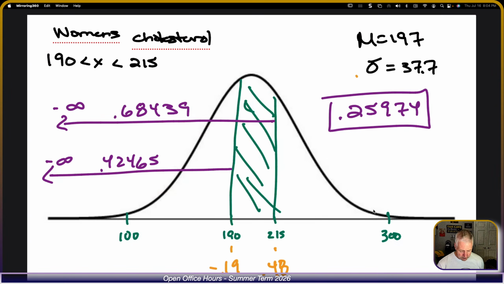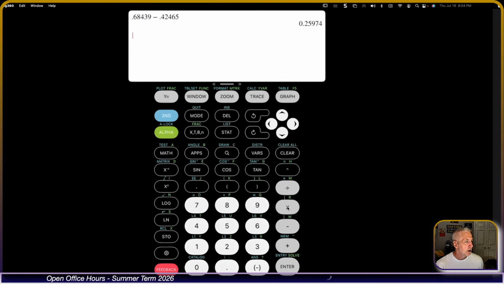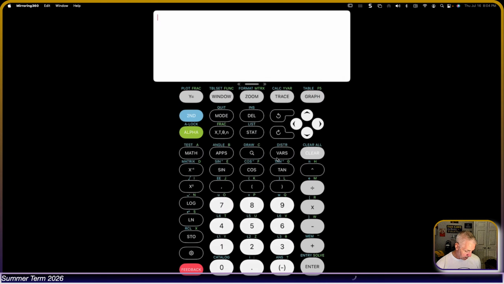So let's go to the calculator. And I will go clear. I will go second, vars, scroll down to normal CDF. I'm going to go from the leftmost, we read left to right. I'm going to go from the leftmost z-score to the rightmost z-score and close the parenthesis to find the area between the two.